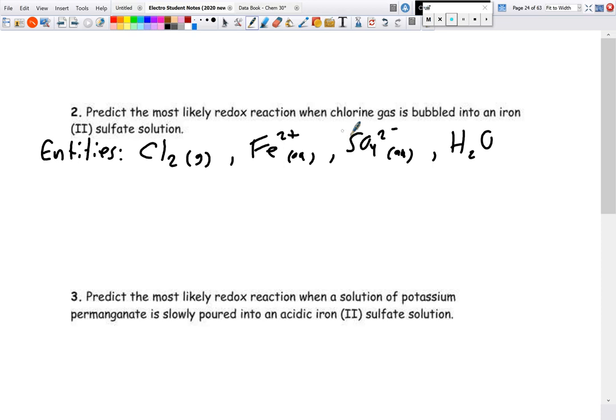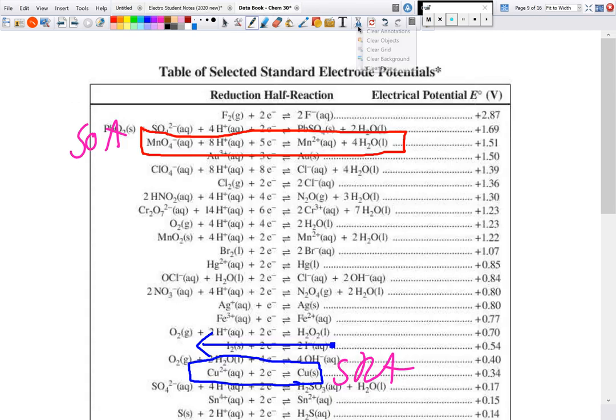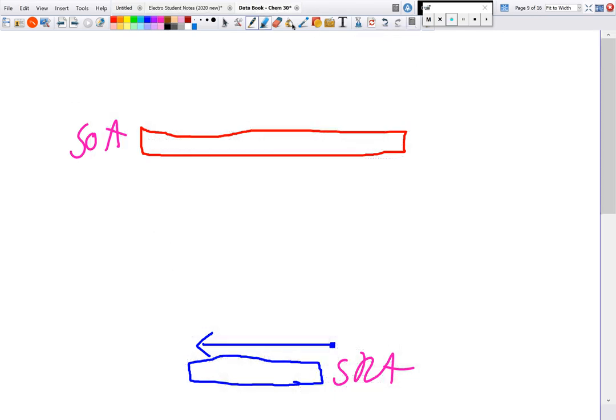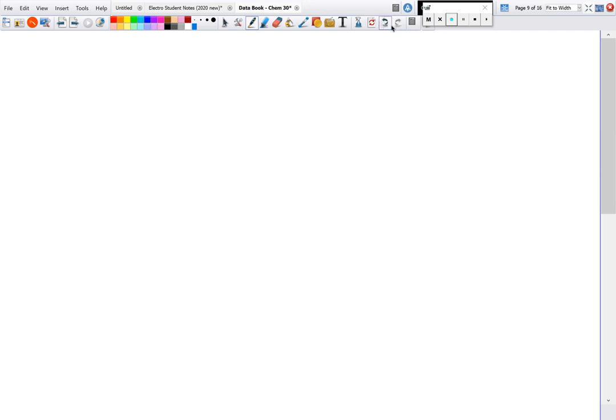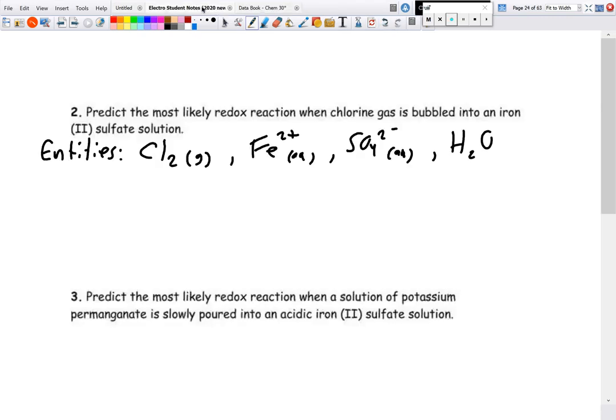Now, as for determining if something is going to be an oxidizing agent or a reducing agent, same thing. You want to go through your data booklet and see if you can find them. Pause the video and see if you can find all these, but once you go through, you'll find chlorine is an oxidizing agent.